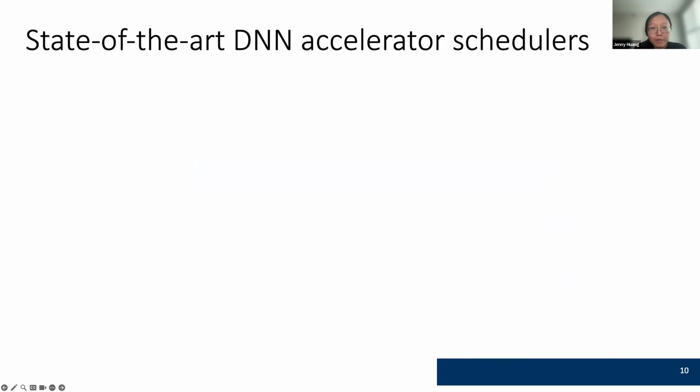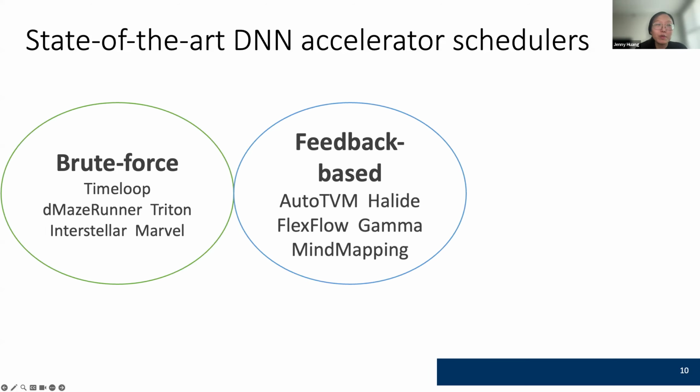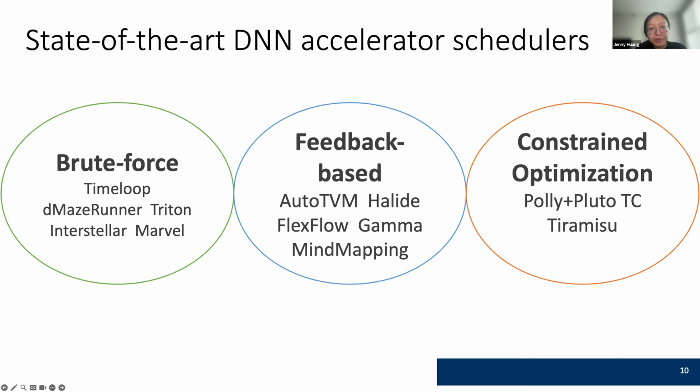This slide lists prior state-of-the-art work to tackle this hard and important problem. We categorize them into three approaches. The first group is a more brute-force search approach that aims to search the space with some heuristics. The second approach is a more feedback or data-driven approach, employing ML algorithms to navigate this space.